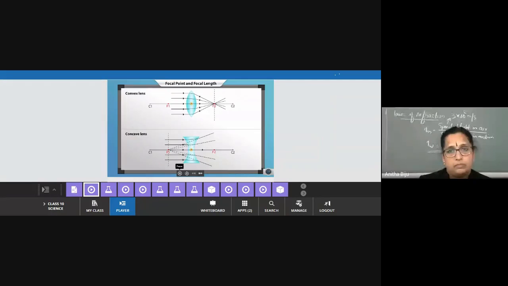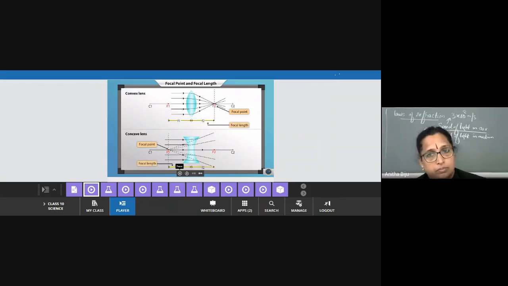The distance between the optical center and the focal point is called the focal length. A ray of light parallel to the principal axis will pass through the second focal point after refraction through a convex lens.